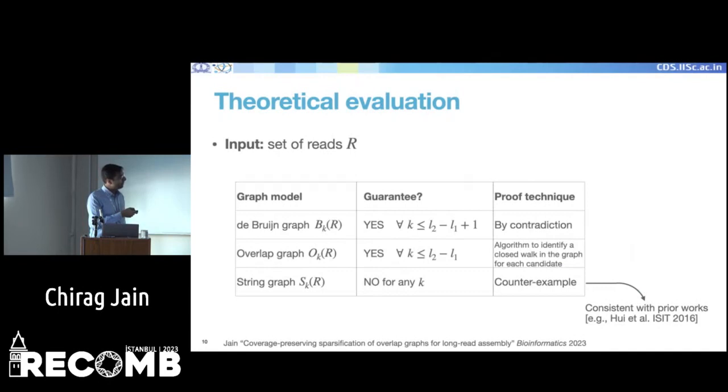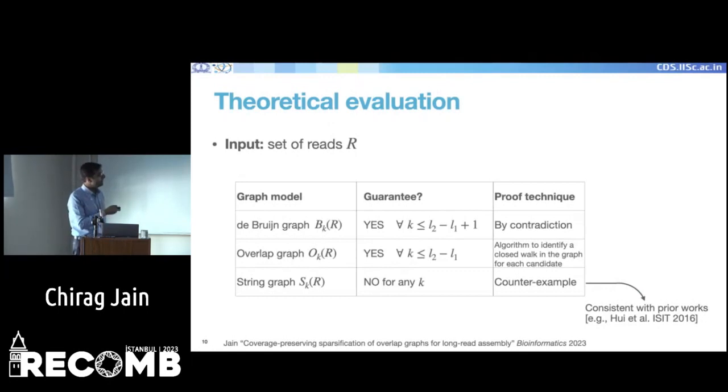For overlap graph, it is guaranteed to be coverage preserving as long as the minimum overlap length that I use to construct this graph is less than or equal to L2 minus L1. However, for string graphs, which is the most commonly used data structure in genome assemblers, this guarantee does not hold for any value of k, where k indicates the minimum suffix-prefix overlap length.